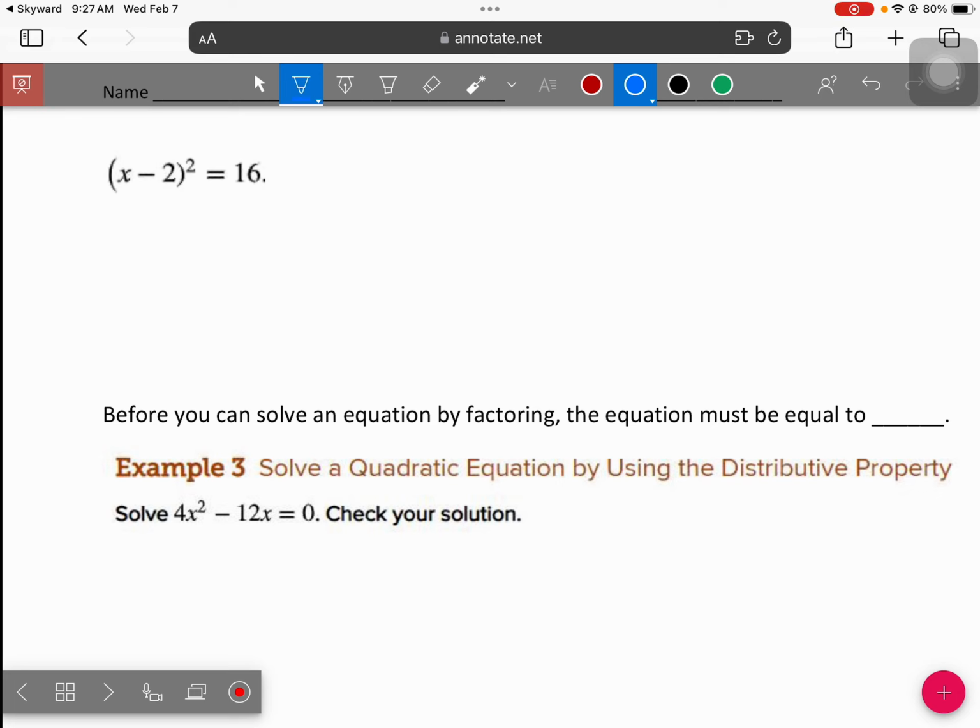Okay, go on to the second part then, which is to take the square root of both sides. Then you might have to break it down into 2 separate equations and solve. Let's see what you get.